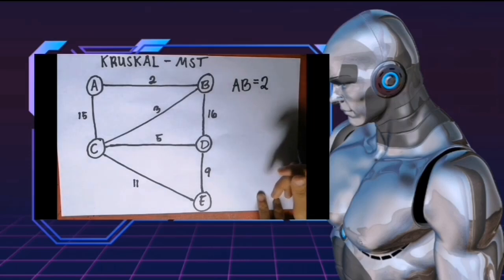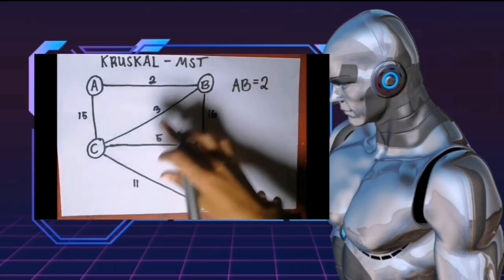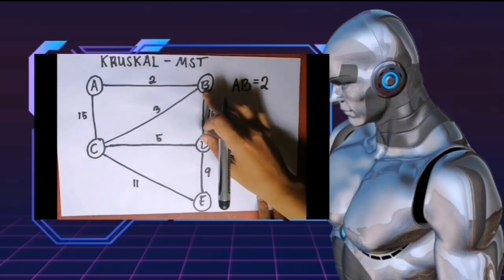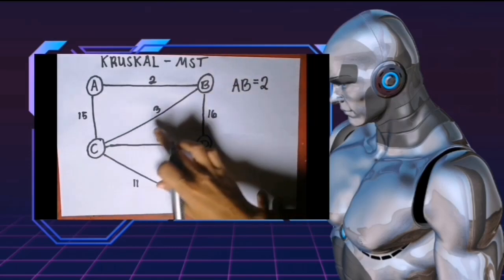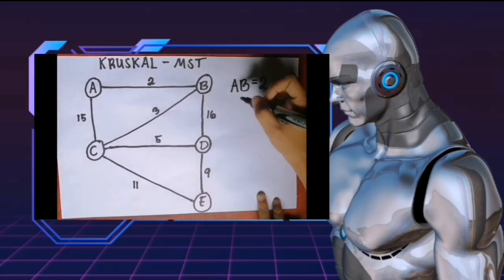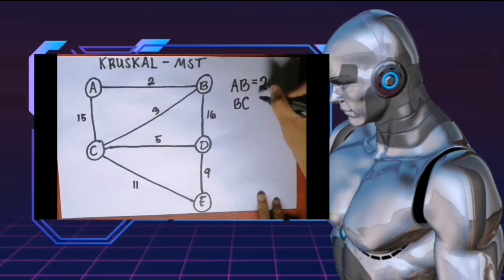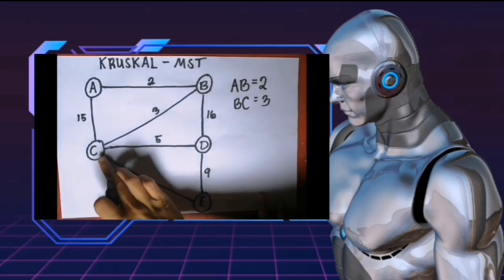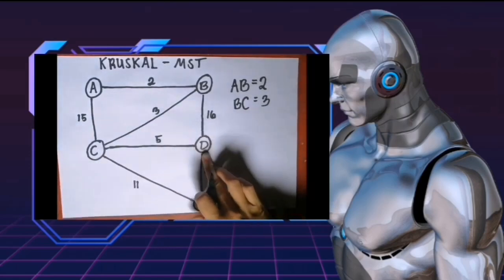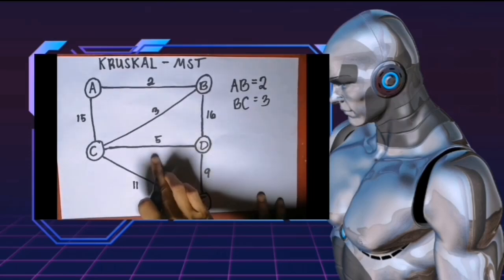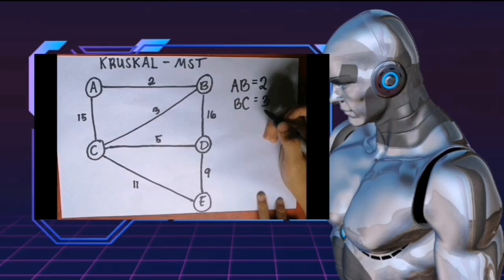Next one is the vertices BC with its weight 3. Let's write it. B and C equal to 3. The next number, and the vertices, is C and D with its weight 5.